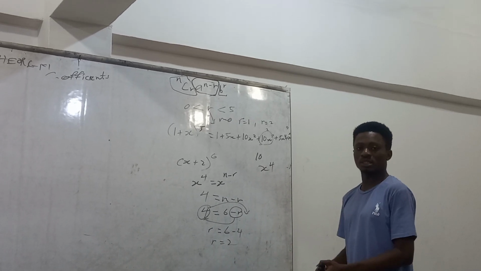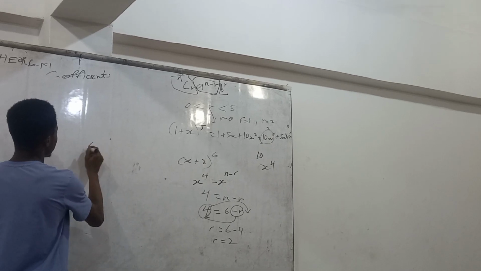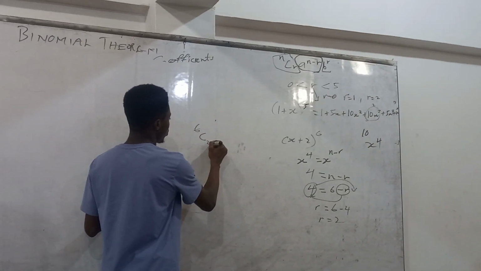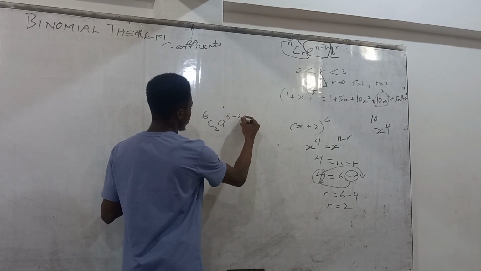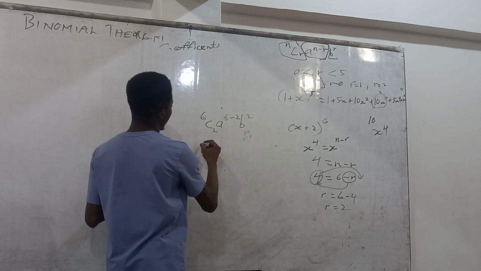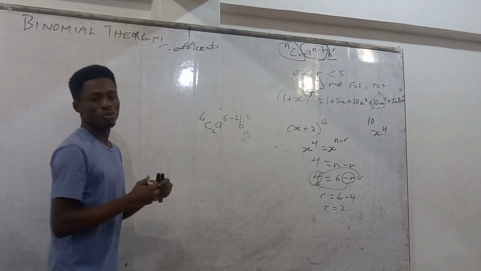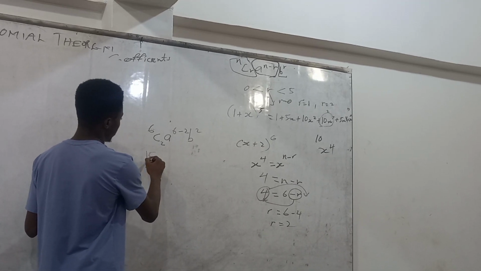That's what it means. So we can say 6 combination 2, a to the power 6 minus 2, b to the power 2. So we know our 6 combination 2 to be 15.